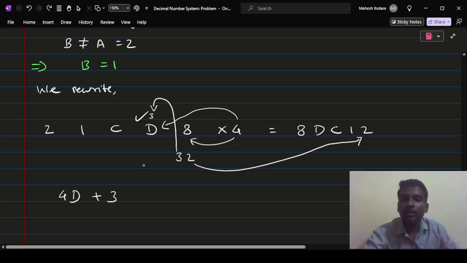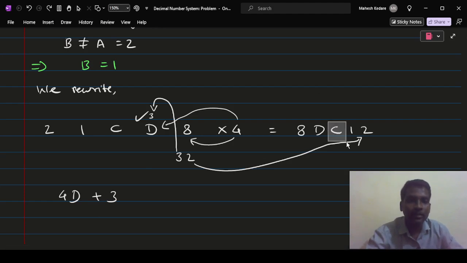And this number 4D plus 3 produces the digit which will appear in the second place. We multiply D by 4 and add the carry to it, and we get this number, and this number leaves a certain digit in the next place of the resulting number.